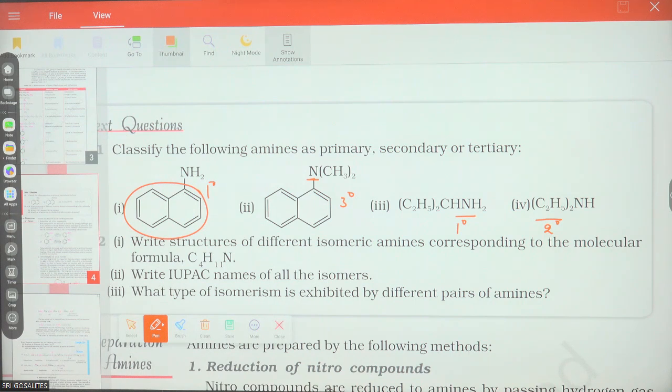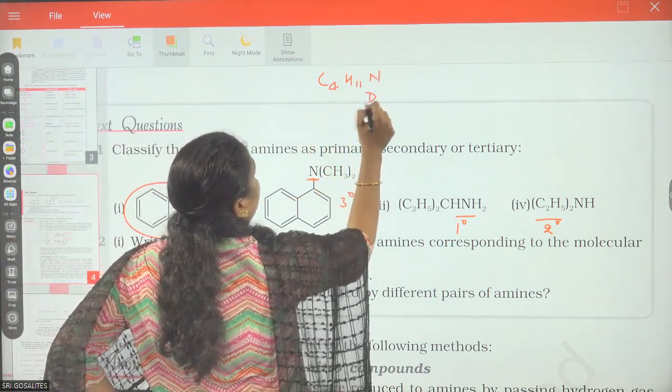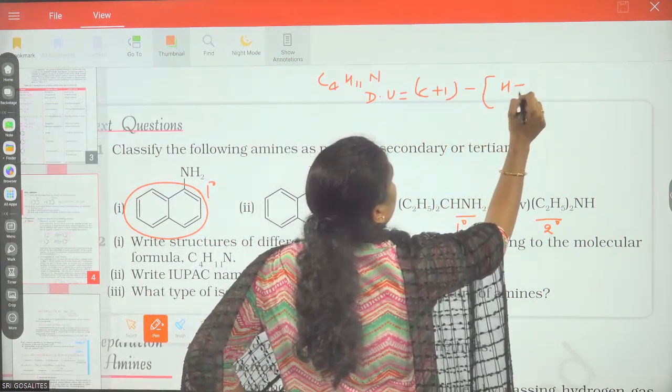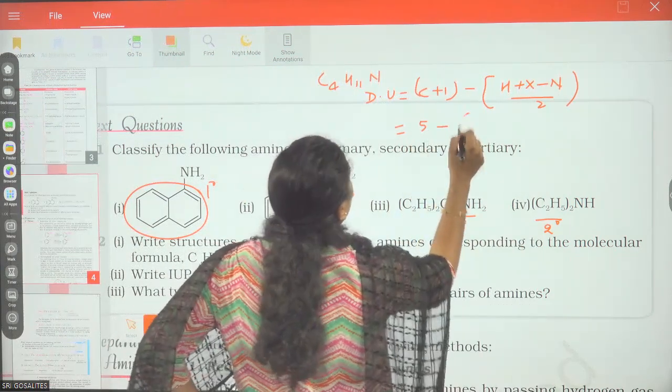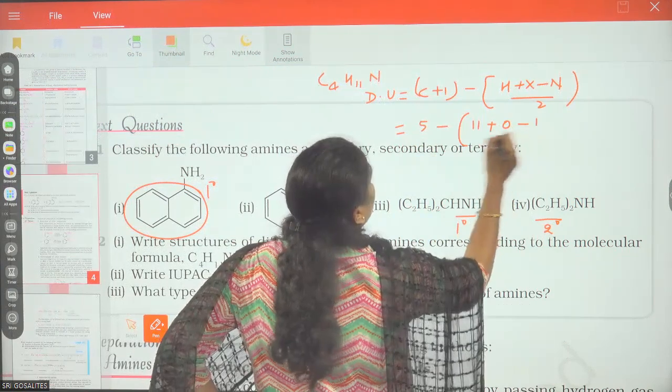Now they've asked you to write down the structures of the different isomeric amines corresponding to the molecular formula C4H11N. You first find out the degree of unsaturation, which is (C + 1 - (H + X - N)/2). So you are having 5 minus 11 plus nothing minus 1, upon 2.